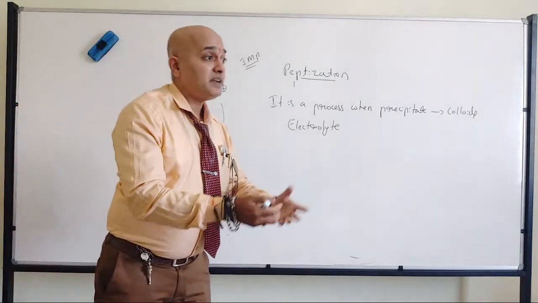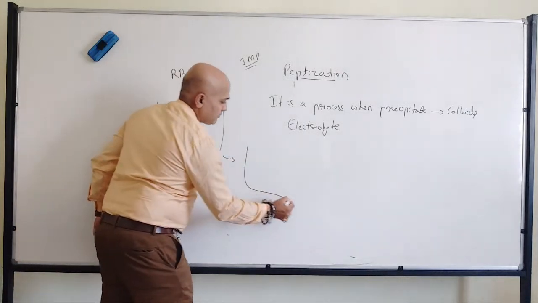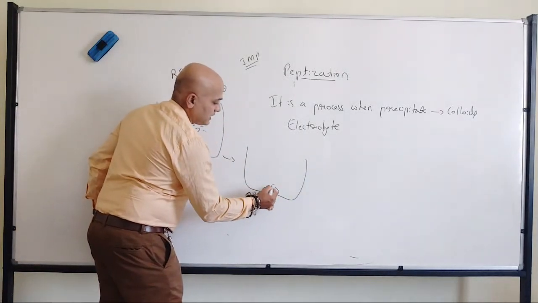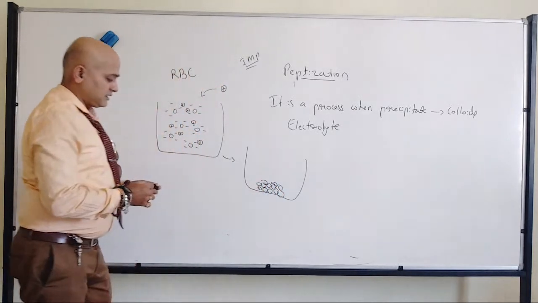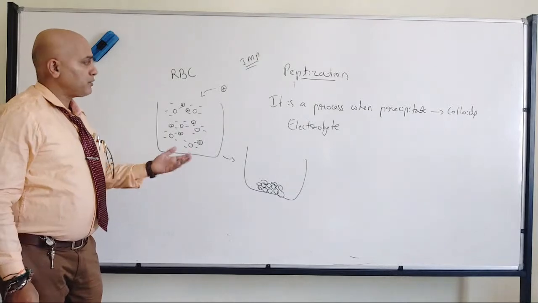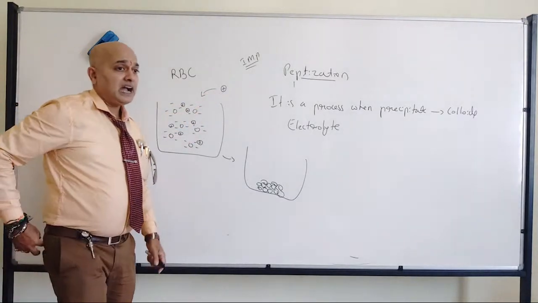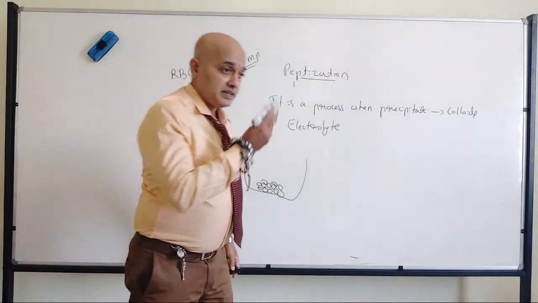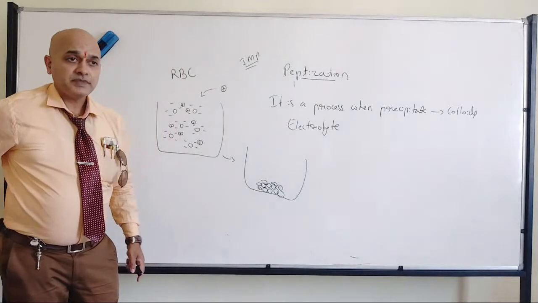That's where precipitation will happen. All of them will be settled at the bottom due to the neutral charge. There is no negative or positive, because it is getting neutralized by the outside added positively charged ions.